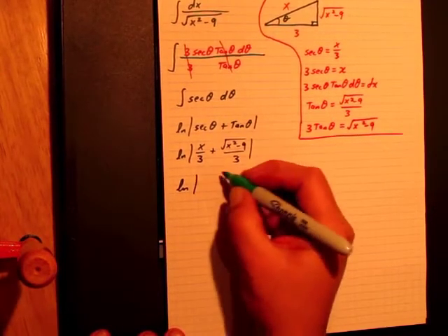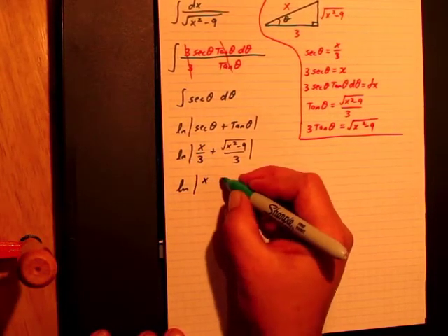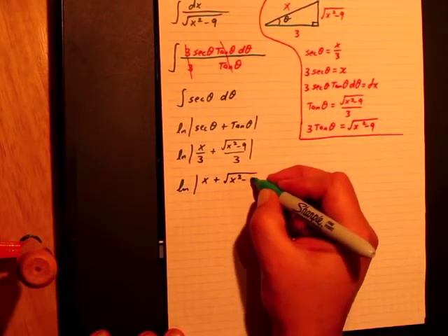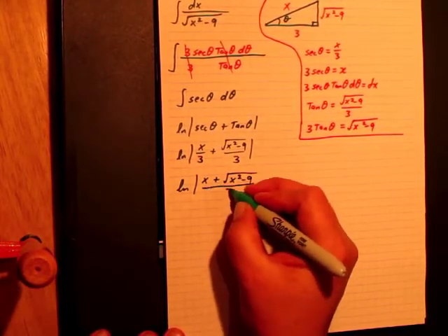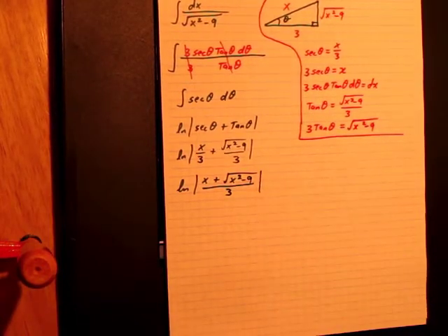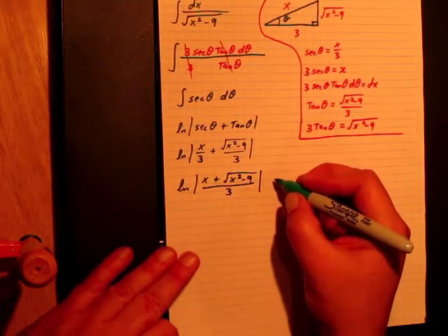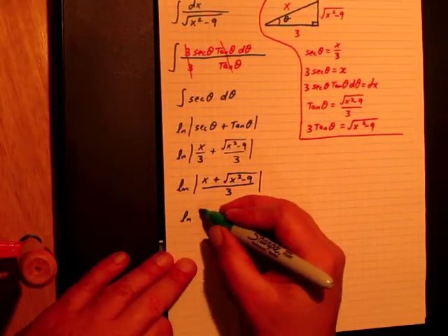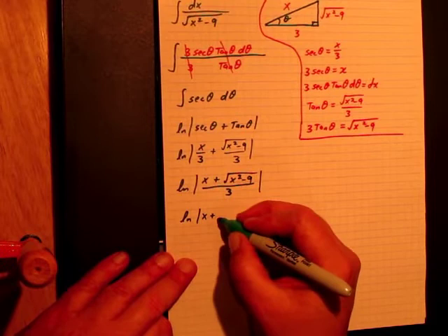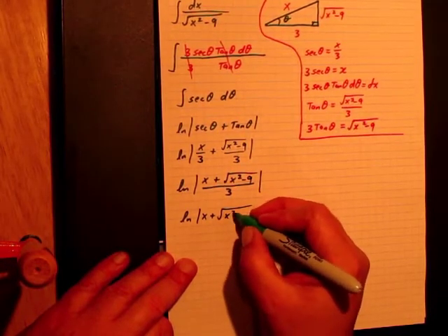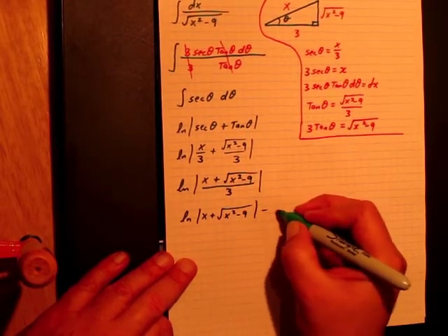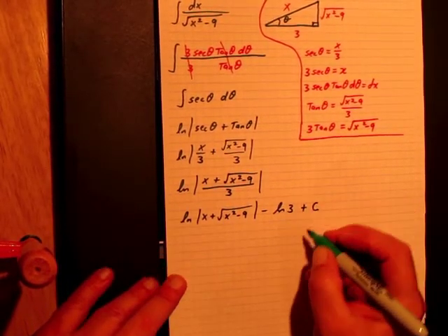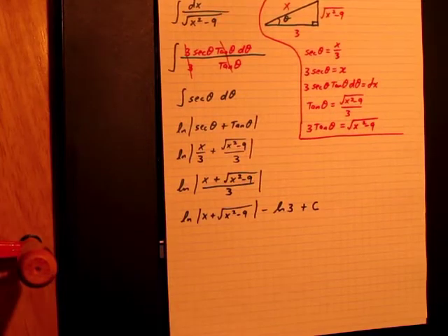These conveniently have a common denominator of 3, so I could express this as a single fraction, putting the entire thing over 3. There's properties of logarithms that allow me to do the log of the numerator minus the log of the denominator, plus c because it's an indefinite integral.